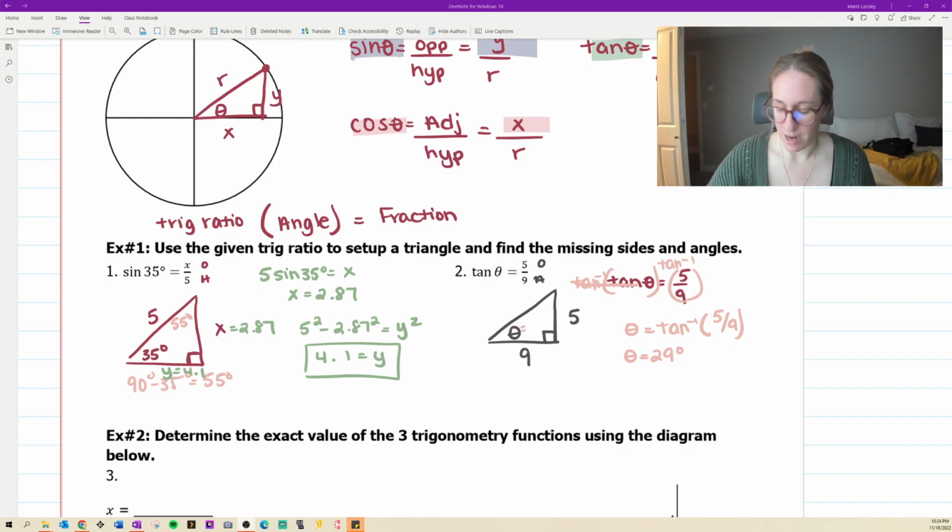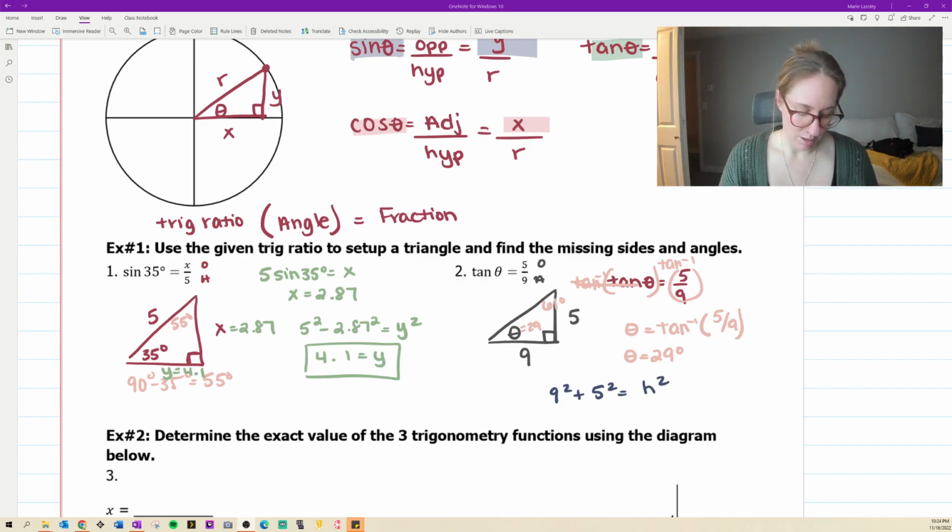So if theta is 29, I can find my missing angle by subtracting from 90, and I get 61 degrees. All right, so I found my 2 angles. Now all I need to do is find the hypotenuse of my triangle. So I'm going to use the Pythagorean theorem. 9 squared plus 5 squared equals hypotenuse squared.